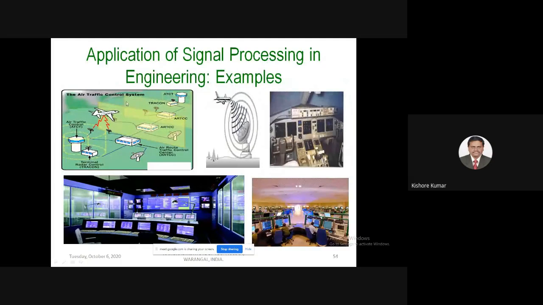Then the application of signal processing in the air traffic control system. Even in the case of air traffic control systems, we can use signal processing. As I said, like radar signal processing, where air traffic control, we can use this.